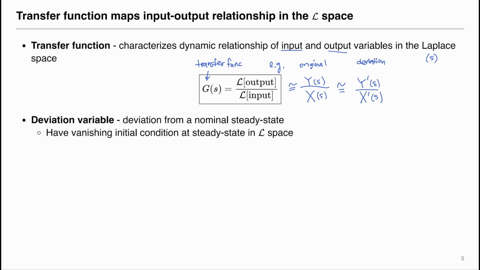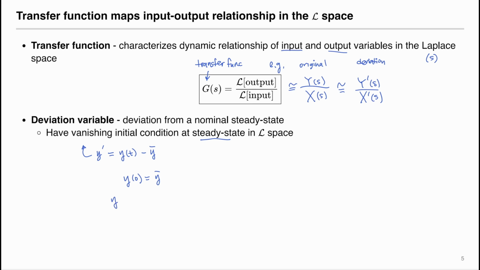And again, we define the deviation variable as the deviation from nominal steady state, where we have y prime, the deviation, equals the y value that depends on t minus y bar, which is nominal steady state. We use the deviation variable because it has a vanishing initial condition at steady state. So steady state is very important because steady state means that the initial condition equals the nominal steady state value.